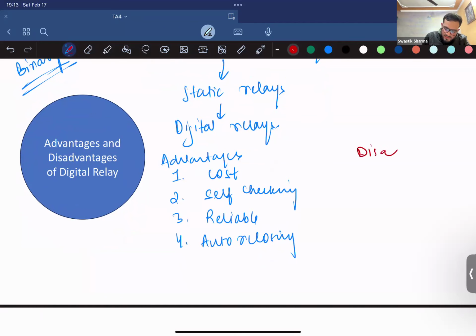So the disadvantages are few. One, they are susceptible to electromagnetic interference or radio frequency interference. These are two interferences that affect how the digital relays will work.